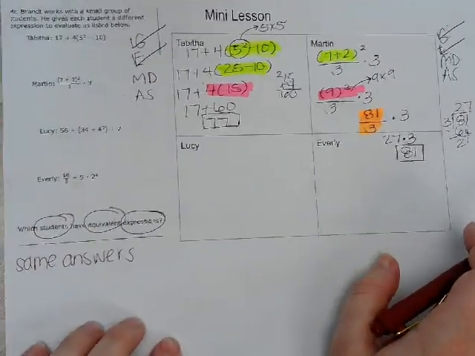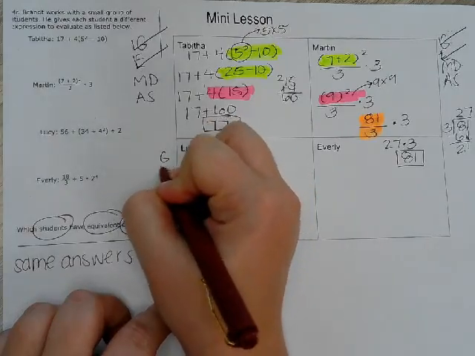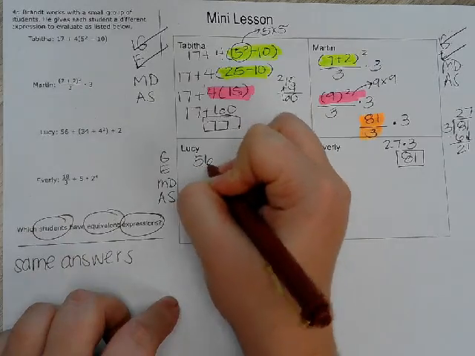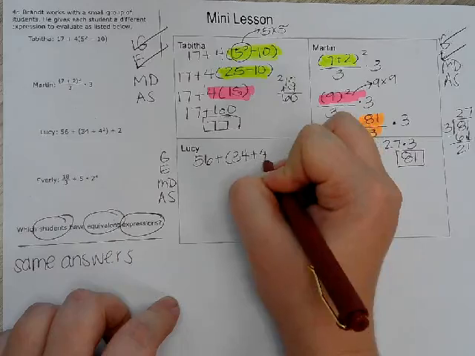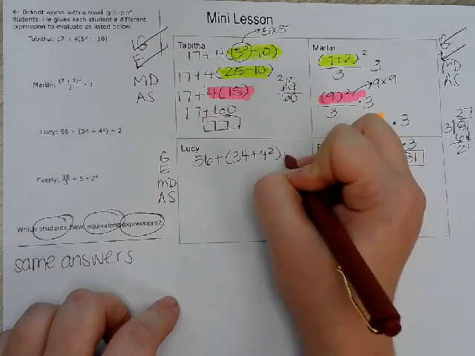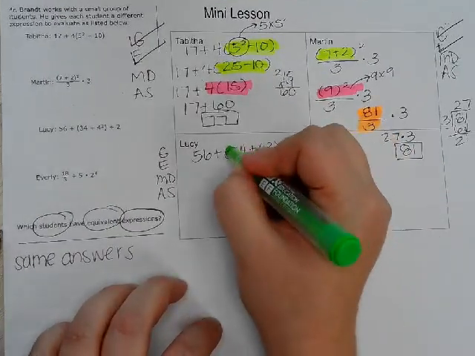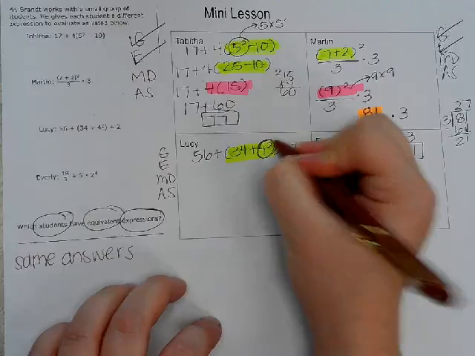Okay, now we're going to be working on Lucy. So we have 56 plus 34 plus 4 squared divided by 2. Parentheses and brackets, that's where we start. But we're going to work on that exponent first.